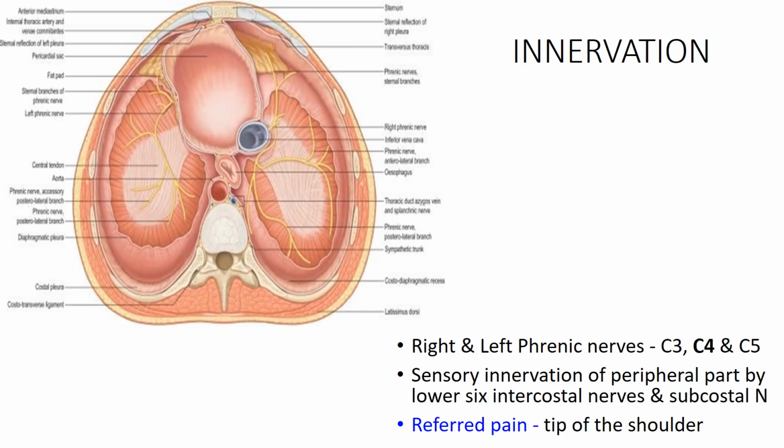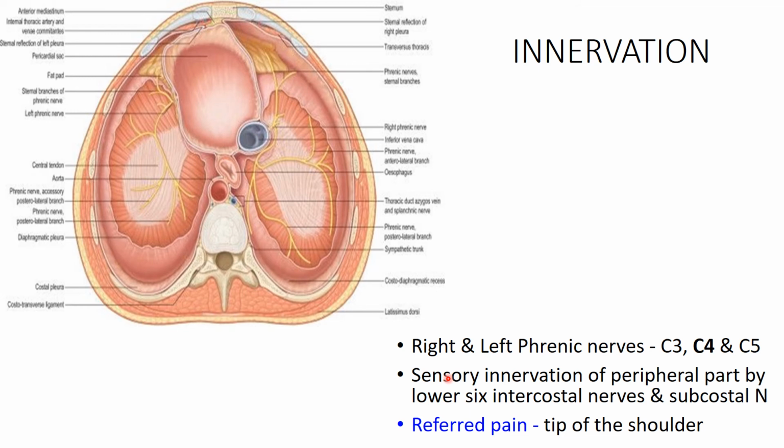The diaphragm is supplied by the right and left phrenic nerves, and these are motor and proprioceptive to the diaphragmatic musculature, and they also provide sensory information from the related peritoneum below and the pleura above. The peripheral portion of the diaphragm gets a sensory innervation from the lower 6 intercostal and subcostal nerves.